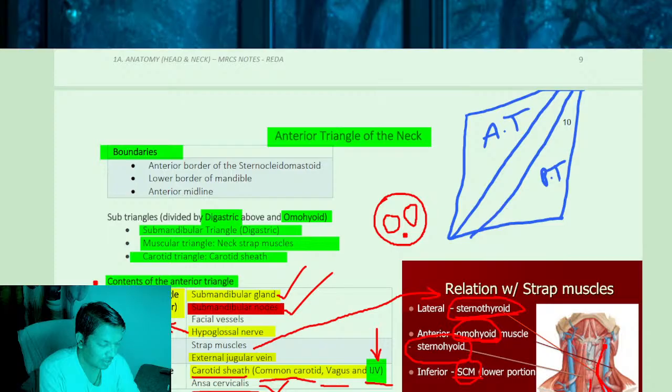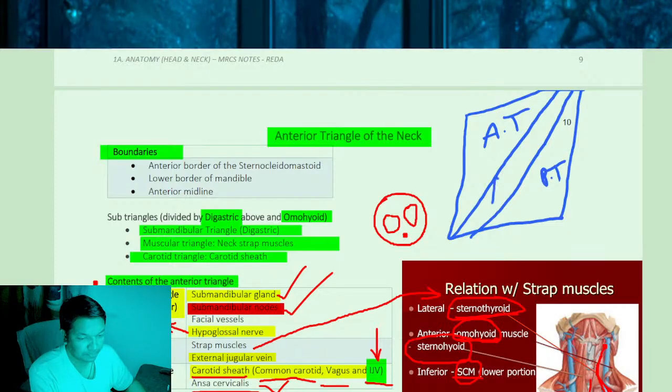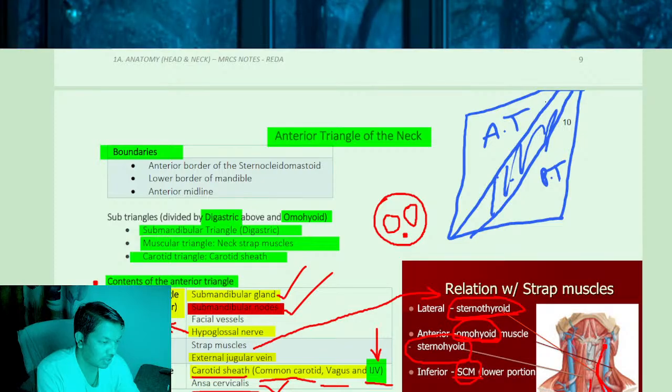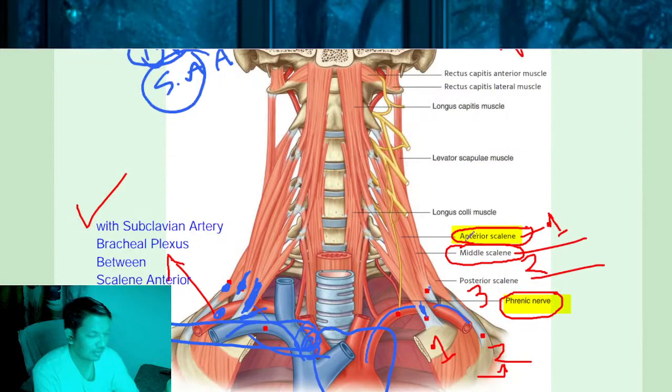Now, the anterior triangle of the neck, boundary: the anterior border of the sternocleidomastoid, the lower border of the mandible, and this is the midline.